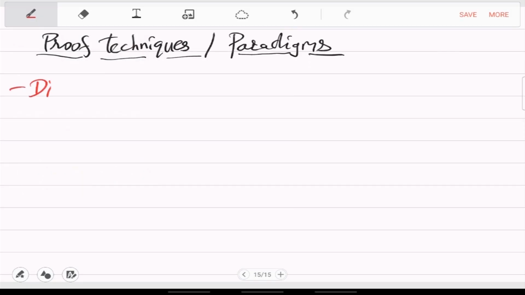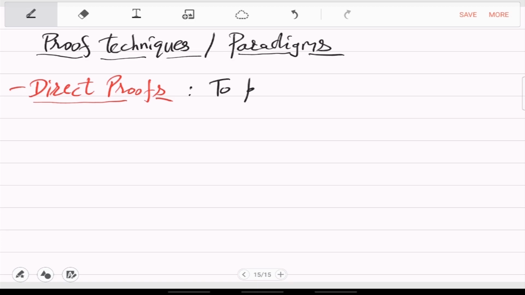So first is the easiest one, which is direct proof. That is what we saw when we showed n square is odd, if n is odd. Direct proof is that you start with your premise and then you keep moving forward until you reach the conclusion that you wanted in the theorem statement.